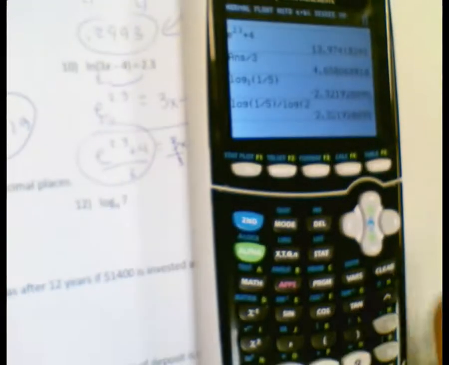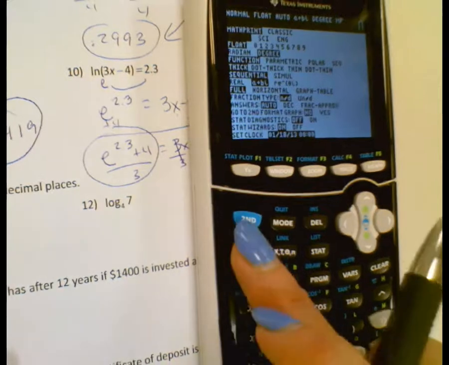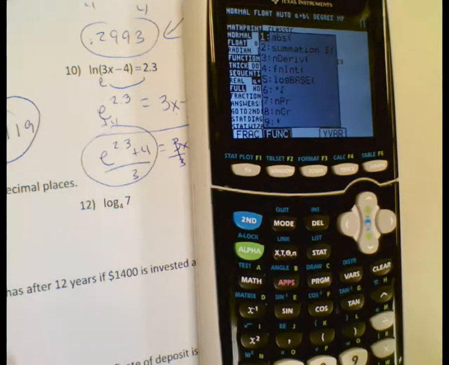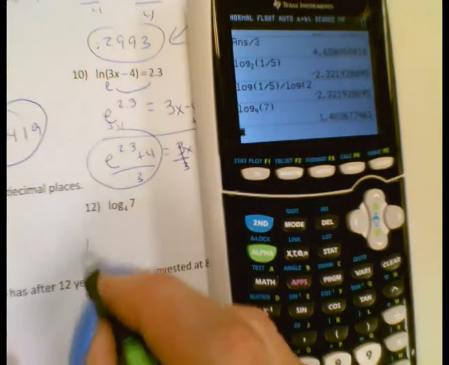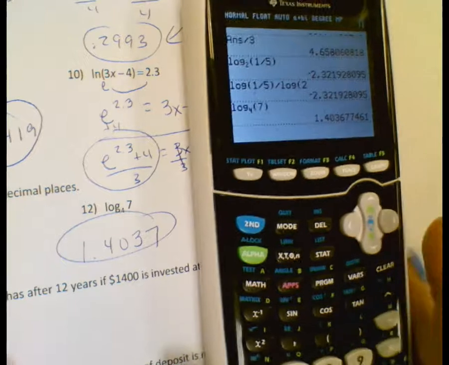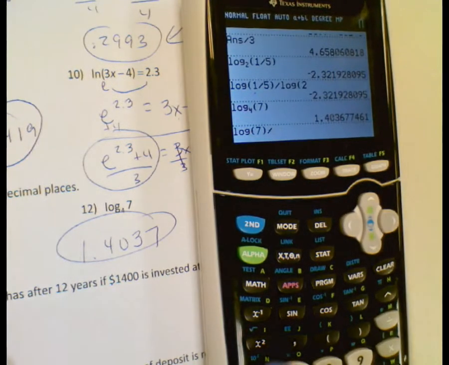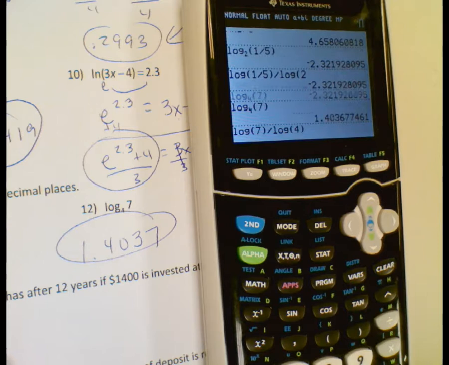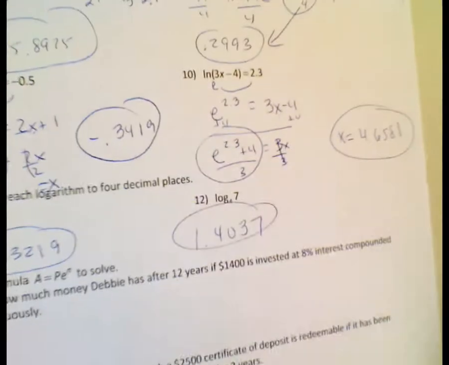Log base 4 of 7. Let's go alpha window. Oops, something didn't go right. Alpha window 5, 4, 7 for a 1.4037. Or do log 7 divided by log 4. Same answer.